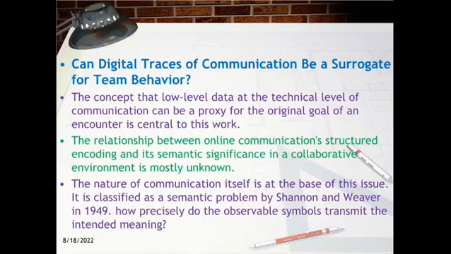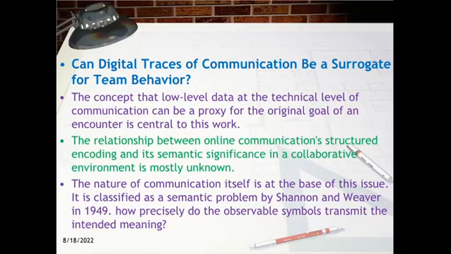The concept that low-level data at the technical level of communication can be a proxy for the original goal of an encounter is central to this work. The relationship between online communications, structured encoding, and its semantic significance in a collaborative environment is mostly unknown. The nature of communication itself is at the base of this issue.